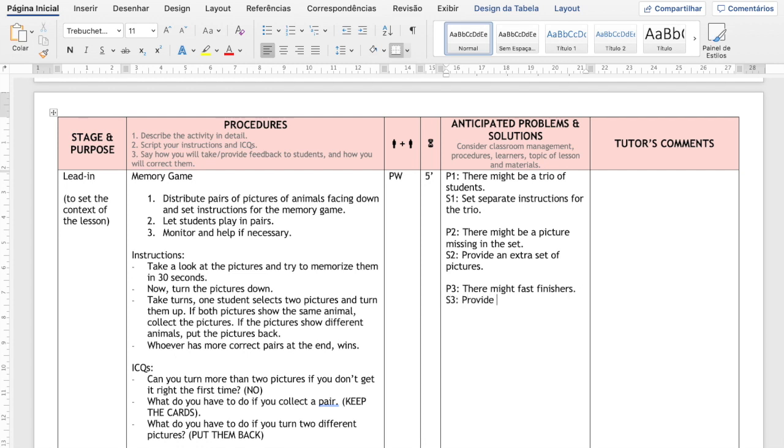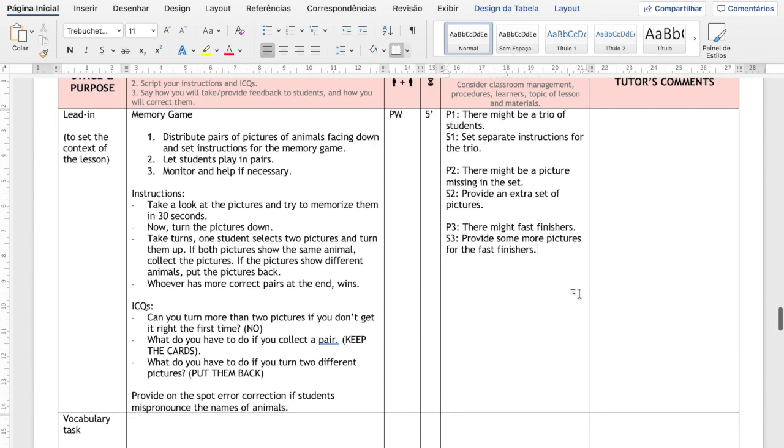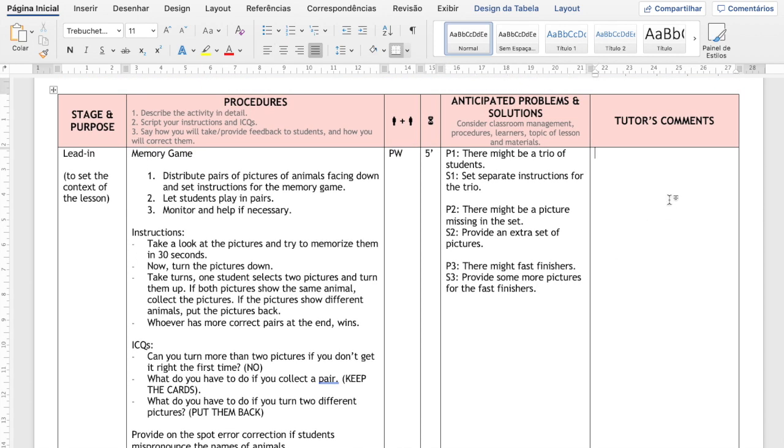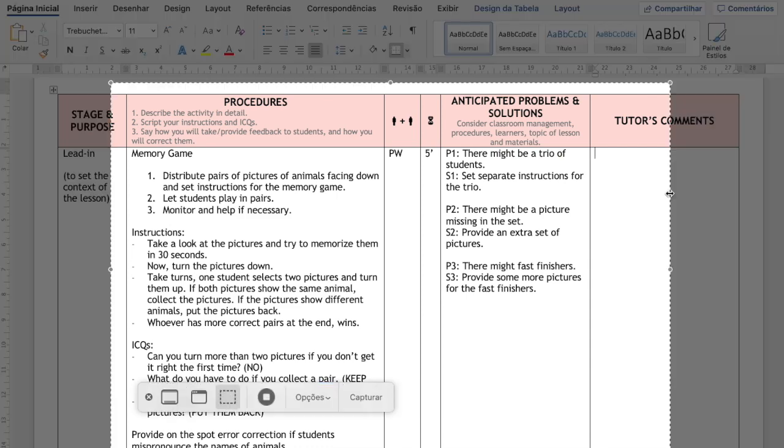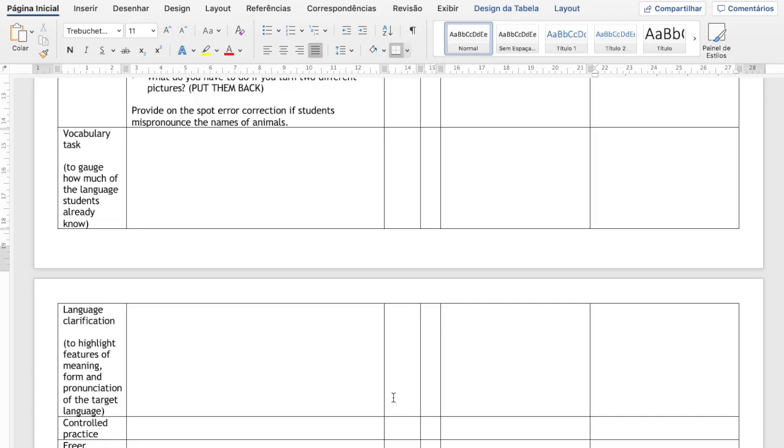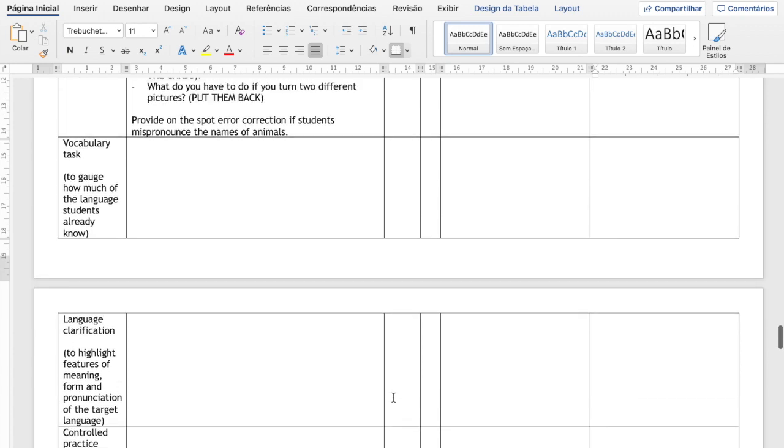You can provide some more pictures for the fast finishers, etc., etc., etc. Here you can anticipate as many problems as possible. The more, the merrier. The last column is for your tutor to write the comments on the lesson, so there is nothing for you to write there. You will do this for all of the stages.